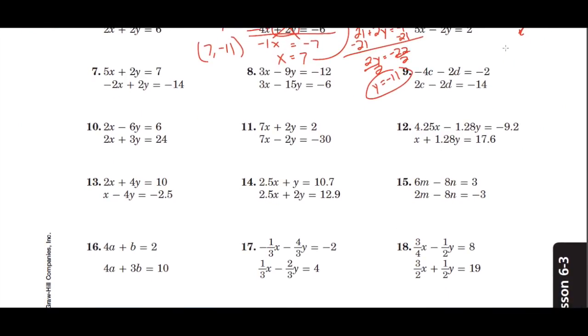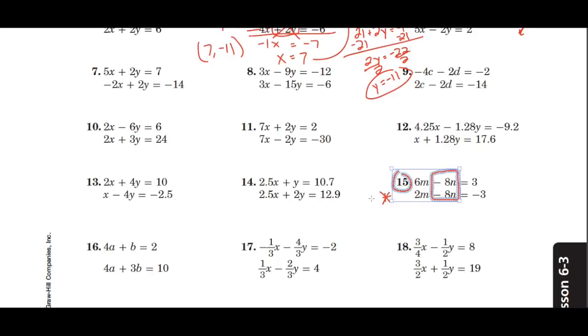Number 15, it's easy to see that we have 2 n's with the same coefficient, negative 8. So if I added those together, I'd get negative 8n plus negative 8n, which is negative 16n. And that's not going to be what we want to do because I'm not going to eliminate it.